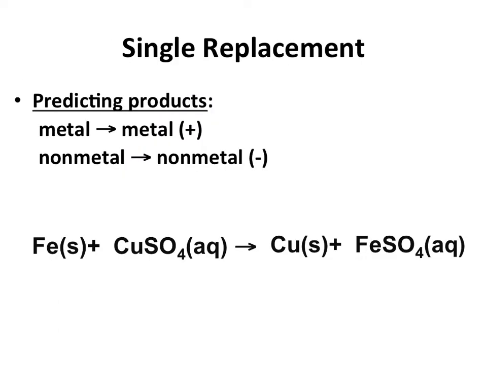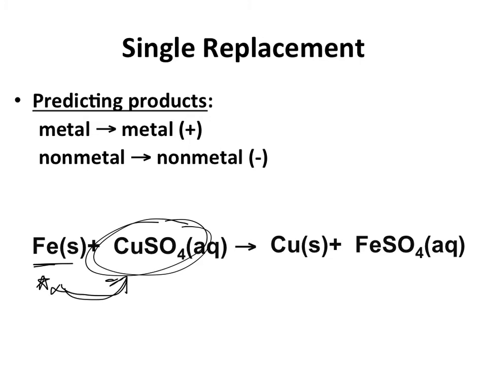So how are we going to predict products? First of all, when you have a compound and a single element, that's a good indicator that you're probably going to have a single replacement reaction happening. Normally that single atom is going to be a metallic element, and you're going to have an ionic compound. Those are usually good indicators. In a more advanced set, you'd have to use the activity series to make sure that these can actually swap places.